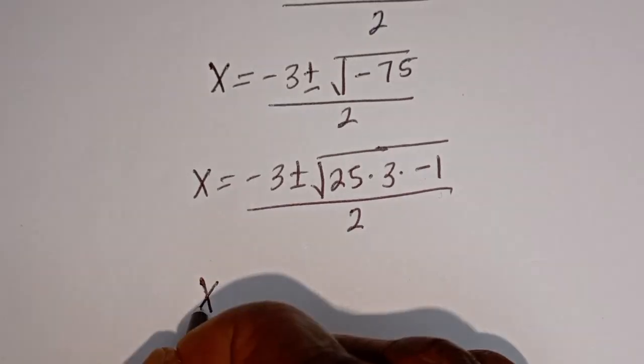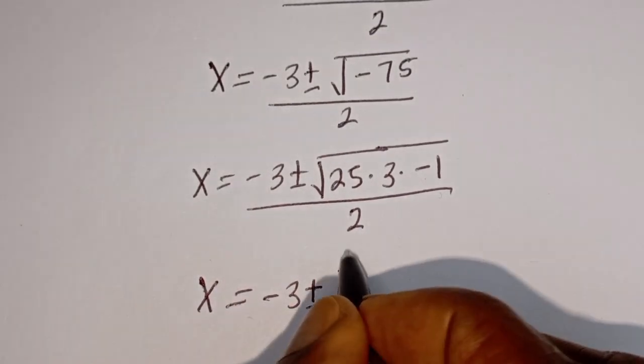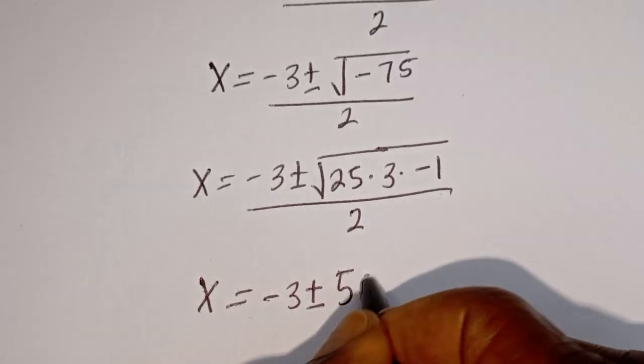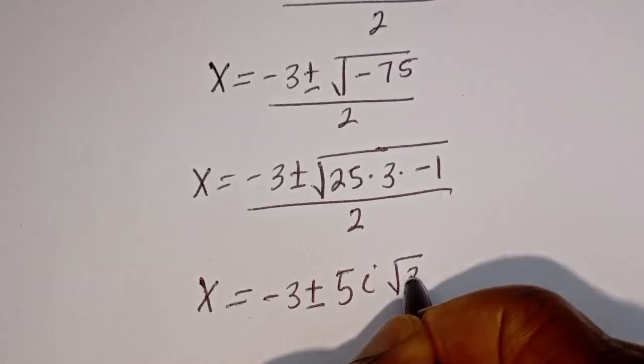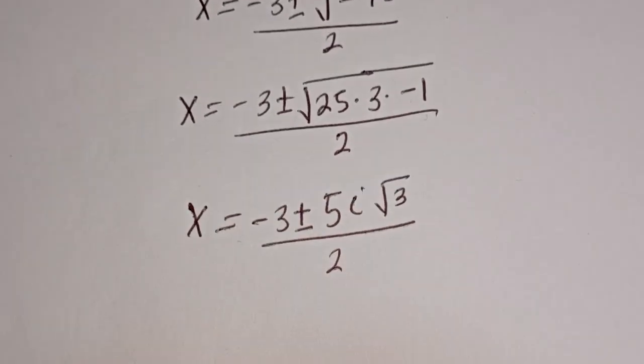Then x is equal to minus 3 plus or minus square root of 25 is 5. Then square root of minus 1 is i, root 3, divided by 2.